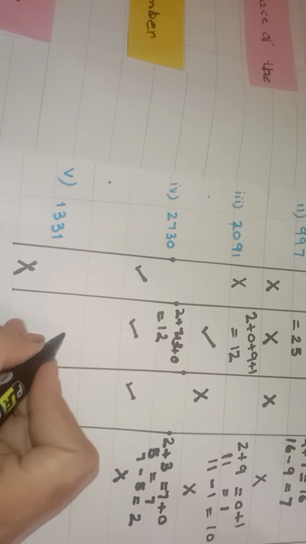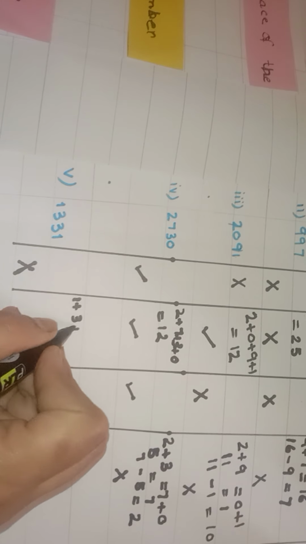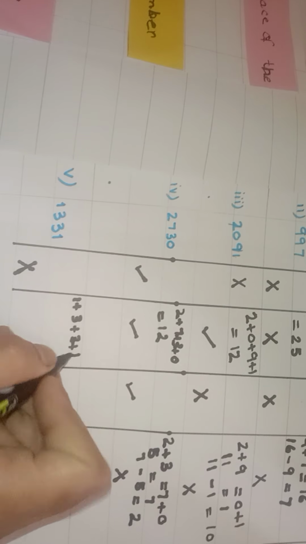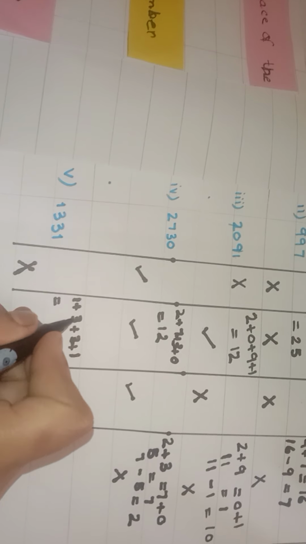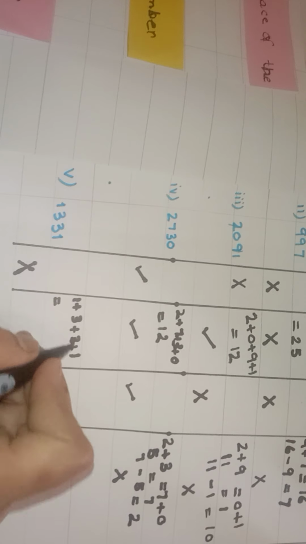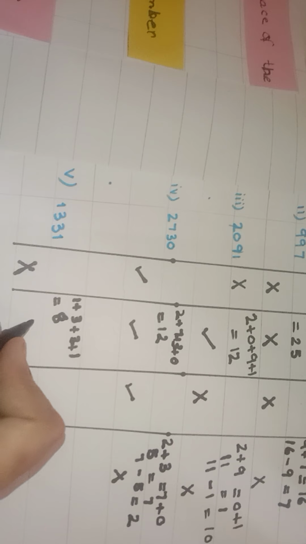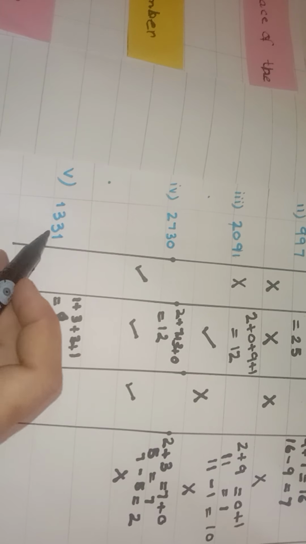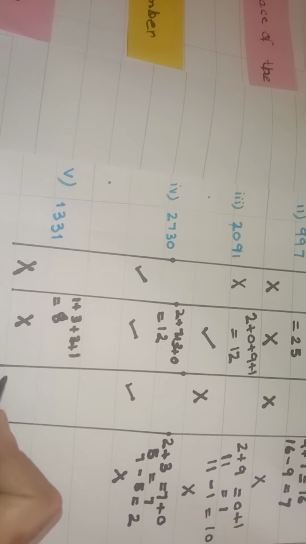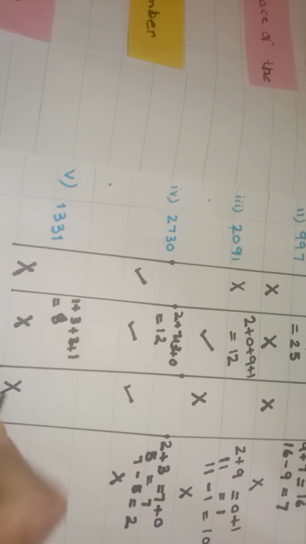For 3, we will find their sum. 1 plus 3 plus 3 plus 1 is equal to 3 plus 1 is 4, 4 plus 3 is 7, 7 plus 1 is 8. 8 is not a multiple of 3, so it means it is not divisible by 3. For 5, the last number should be 0 or 5. It is not 0 or 5, so it is not divisible by 5 as well.